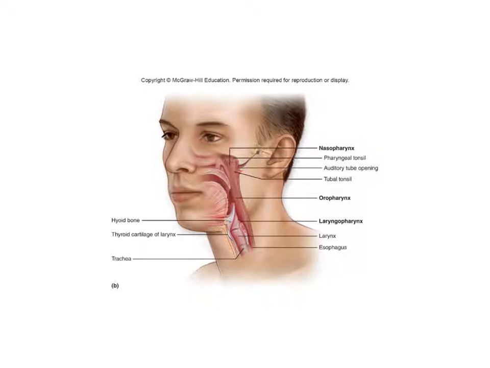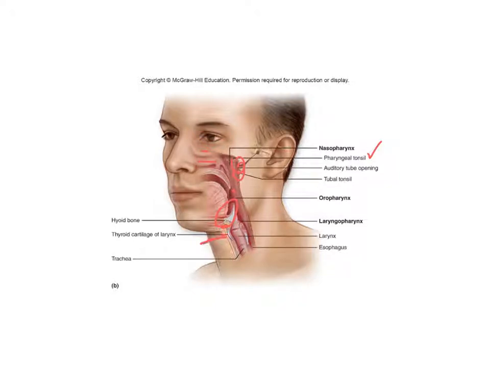All right, so here's another picture. The concha increase the turbulence. In the nasopharynx there are pharyngeal tonsils, and there's where the internal auditory canal opens. Tubal tonsils are right there. Oropharynx. Hyoid bone, I know you guys have talked about.